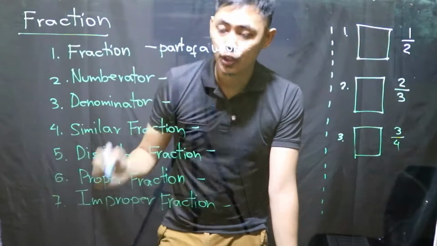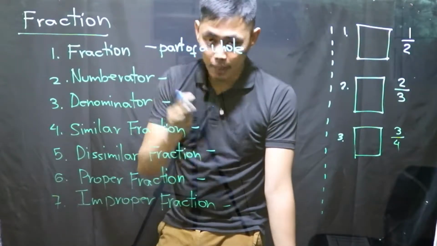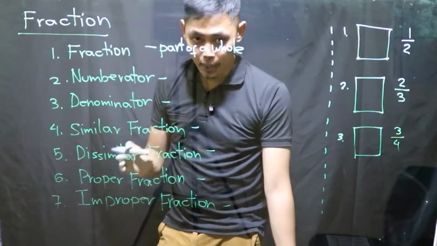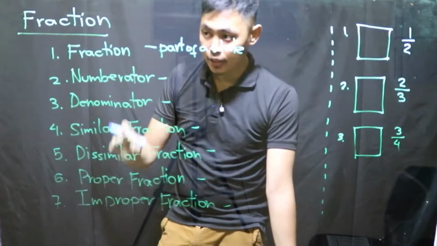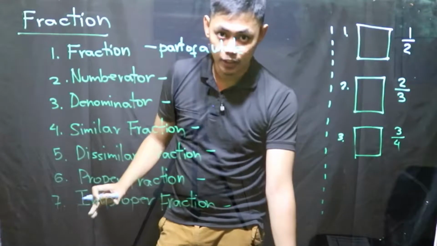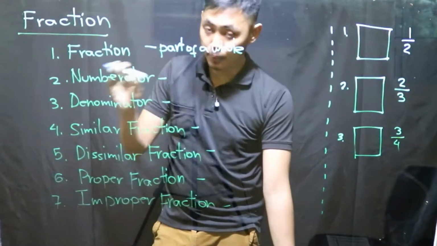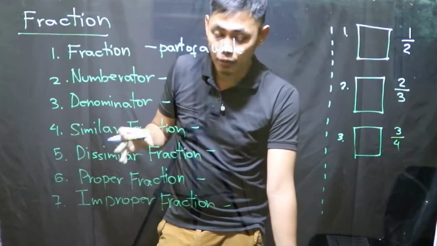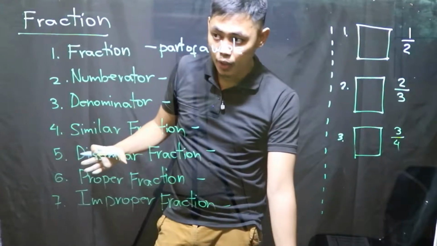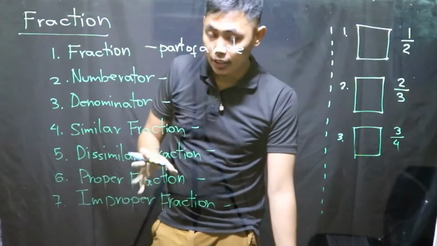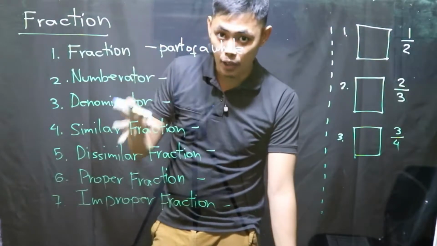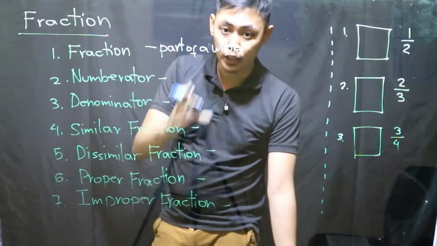For example, a pizza. If you eat a part of a pizza, that is a fraction of a pizza, because a pizza is one whole pizza. Or a cake: if you eat a slice of cake, you take away a portion of that cake, and that is what we call a fraction, a part of something that is whole.